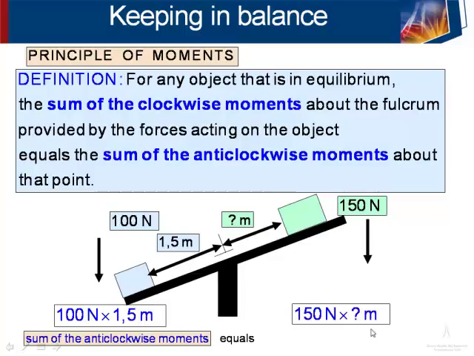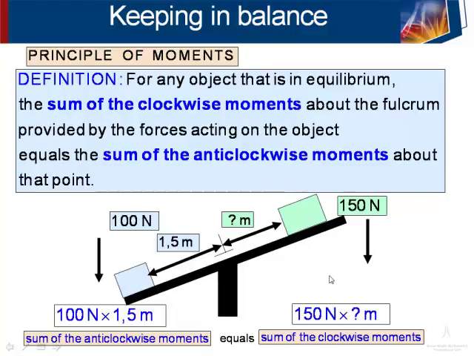Therefore we could calculate this unknown. Now pause the DVD at this point and see if you can work out the distance that would need to be placed for this to be in equilibrium. Remember, the sum of the anti-clockwise moments will equal the sum of the clockwise moments. Pause the DVD and calculate this distance.